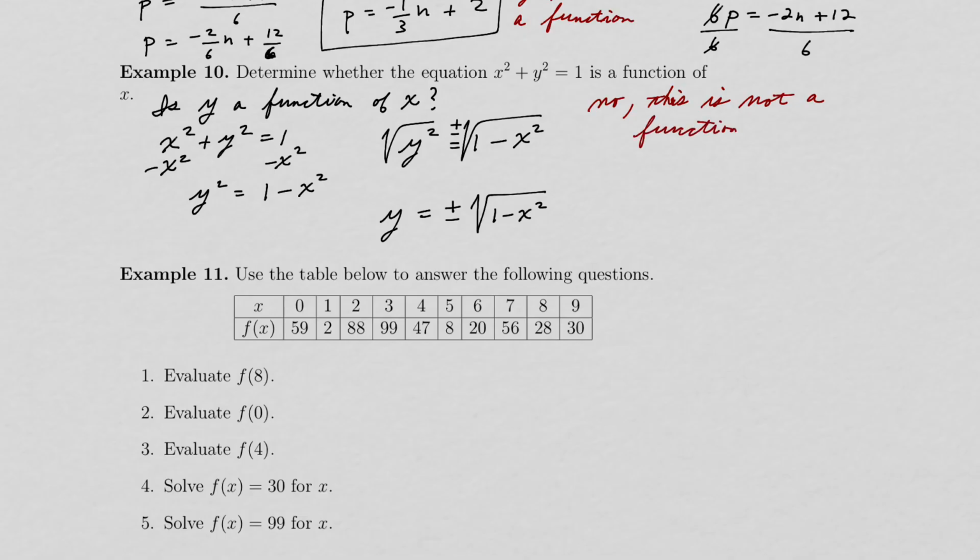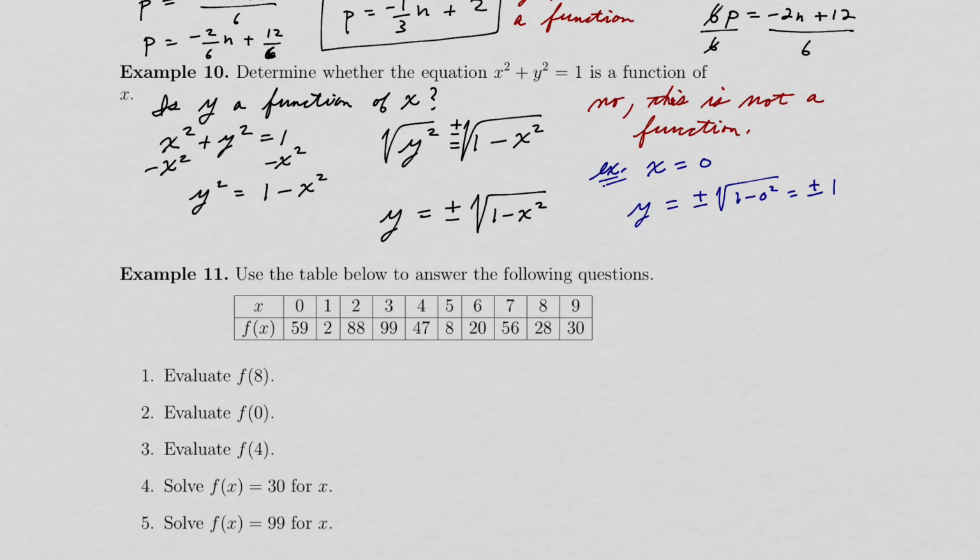Here, I'll give you an example. Let's say, we'll do it in blue here. Example, let's say x equals 0, to keep it simple. So if x equals 0, then when we solve for y, we're going to get plus or minus the square root of 1 minus 0 squared, which is plus or minus the square root of 1, which is 1.